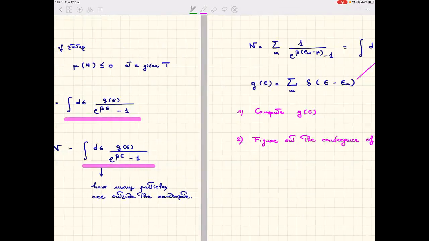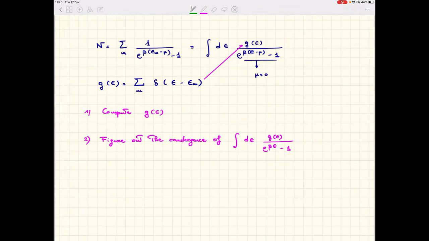So in general, you always start from a discretized version, right? You will have some quantum numbers that could be the quantized momenta of your system, so 2 pi n over L, or the principal quantum numbers if you have a trap, or if you have some other potential, some other quantum numbers. So in general, you will have something of this type, right?